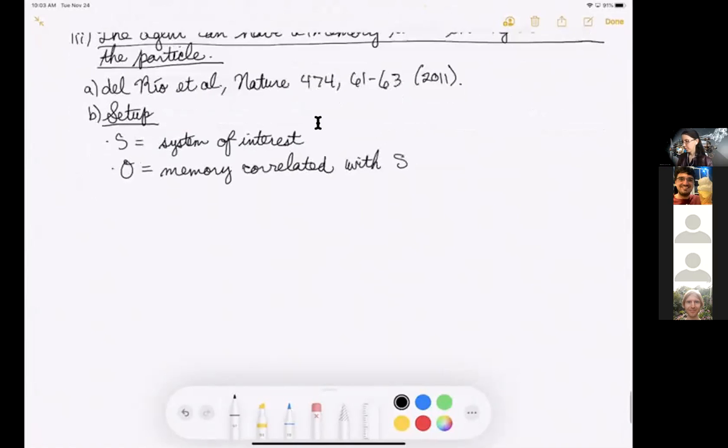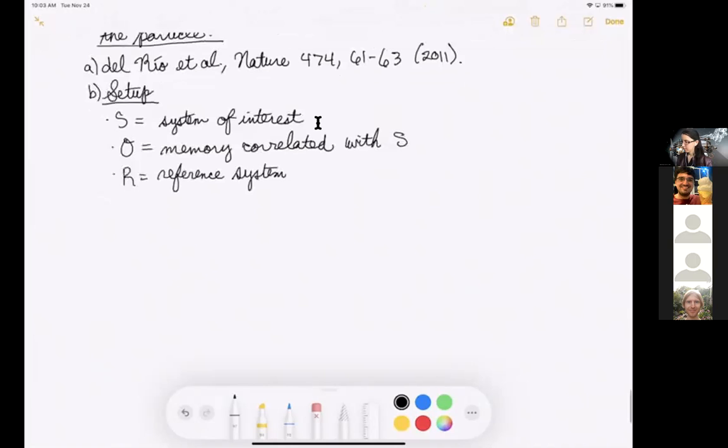So we introduce a reference system R. That is everything else that O can have information about. Let's denote by rho the reduced state of SO at the beginning of the protocol.